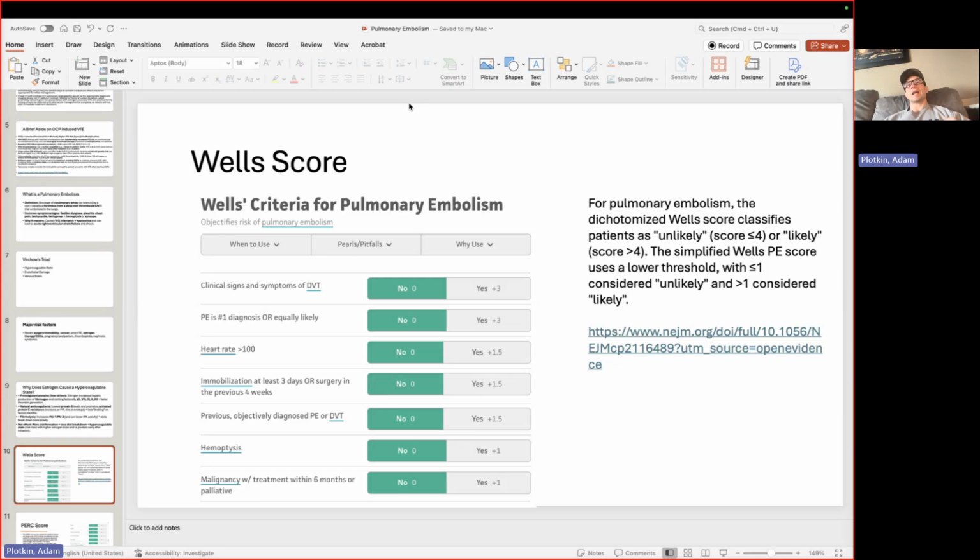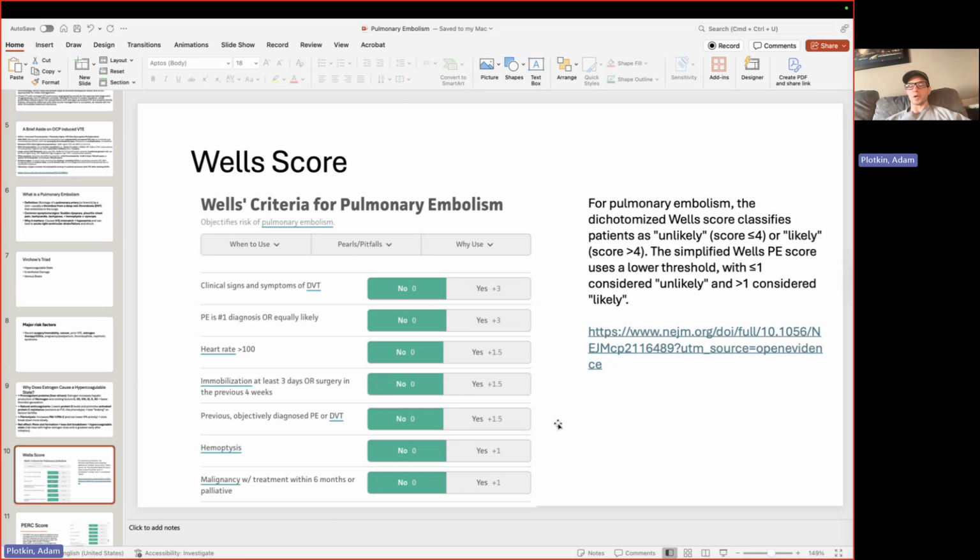You might see values of 6 as a cutoff, you might see values of 1, you might see values of 4. If you look in the literature, as of right now, a score of 4 is kind of the consensus cutoff. So if the patient has a Wells score of 4 or more, that makes a PE very highly likely, right? If the score is less than 4, it's maybe less likely, right?